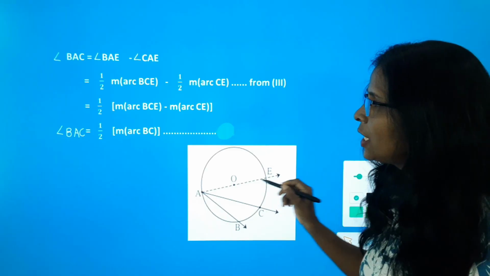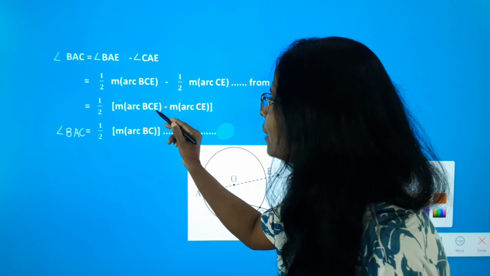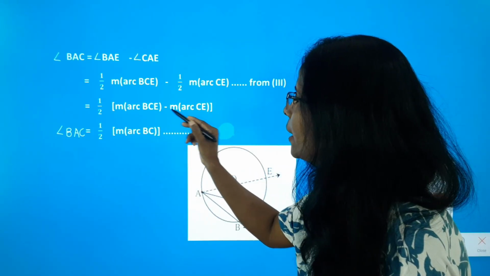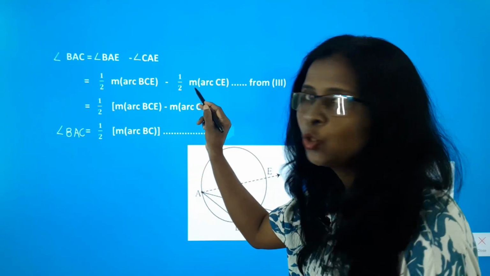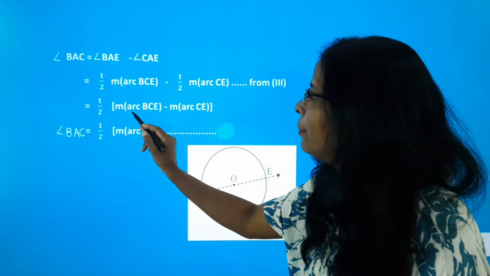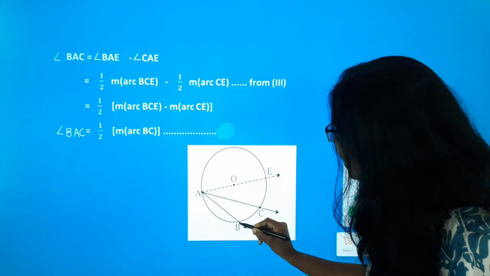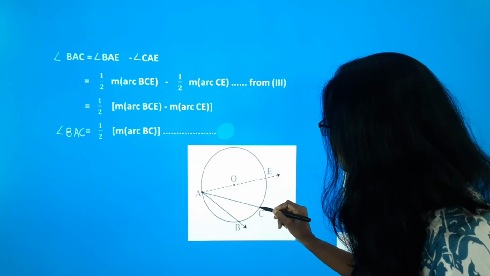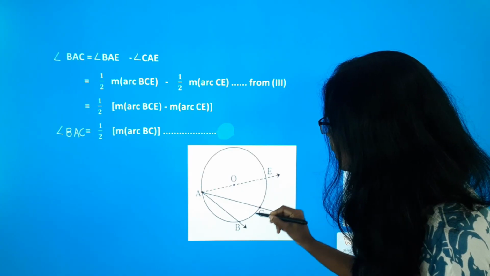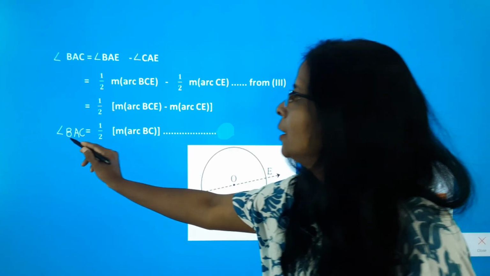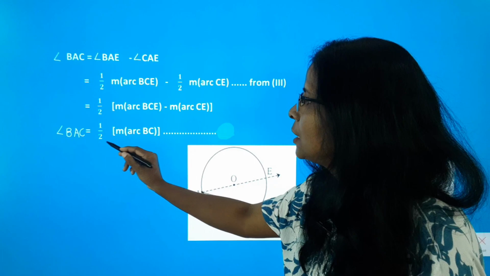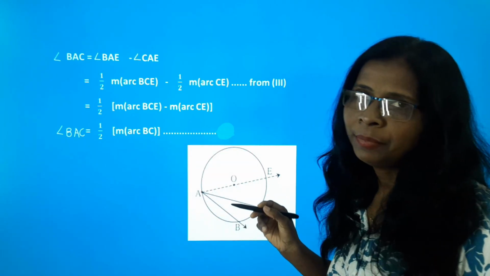So now half of major arc BCE minus half of major arc CE, taking the common half, is half of major arc BCE minus major arc CE. Now major arc BCE minus major arc CE is the arc BC. So here angle BAC is equal to half of arc BC.